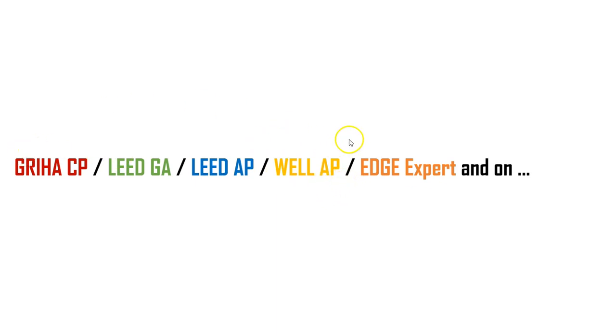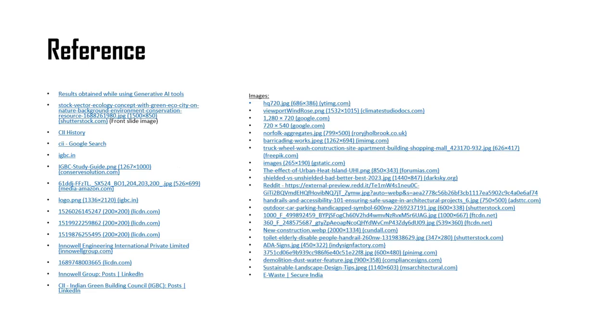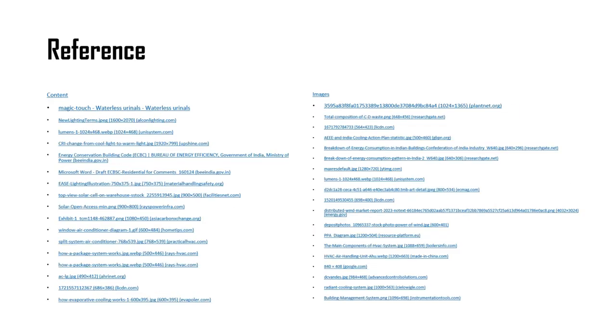WELL is focusing specifically on indoor environmental quality, right? It is also there. These kinds of projects are also going on in the industry, and EDGE projects are also going on. So everything has its own potential and market.